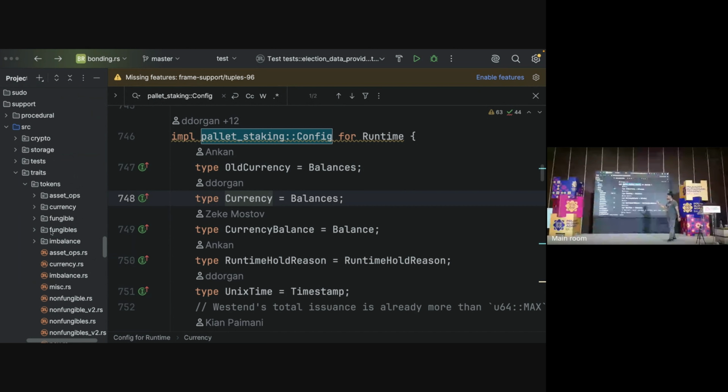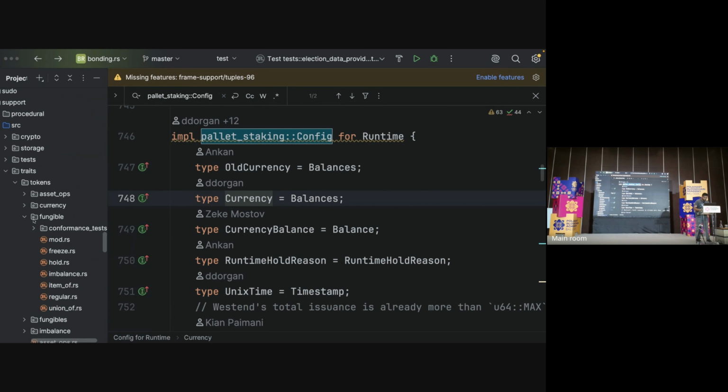You see, there's a fungibles. Not covering that, but you can totally imagine it's almost the exact same APIs with maybe one extra parameter, which is asset ID, but it's almost the same. You will have fungibles mutate hold, fungibles inspect hold, fungibles mutate freeze. So if you want multiple assets in your runtime, you can do that.